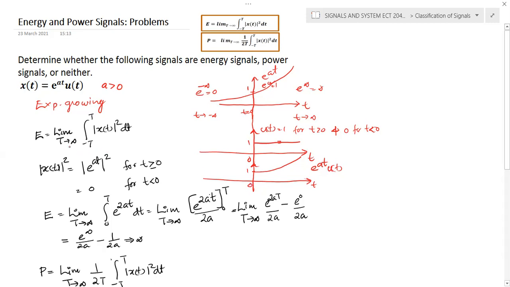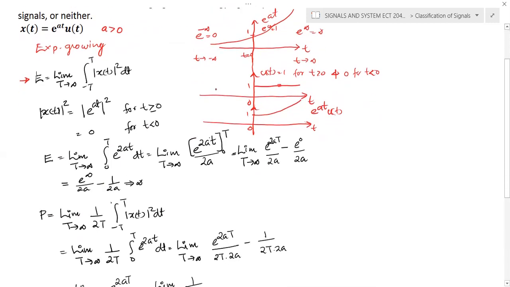Now if you compare this particular equation, the energy equation, we know that modulus of x of t the whole square, I can simplify like this. It is e raised to at the whole square for t greater than 0 and 0 for t less than 0. And if you apply the limit, it becomes 0 to t. Okay, and the signal is e raised to 2at, and you can apply the limit.